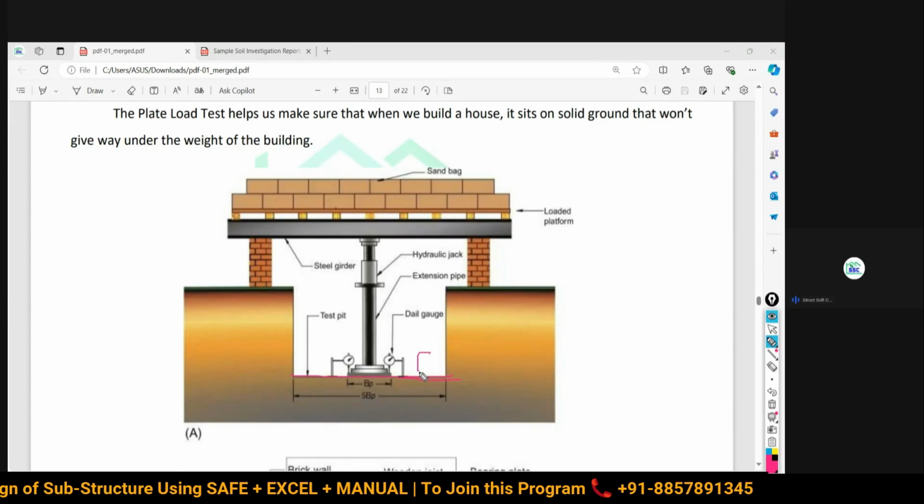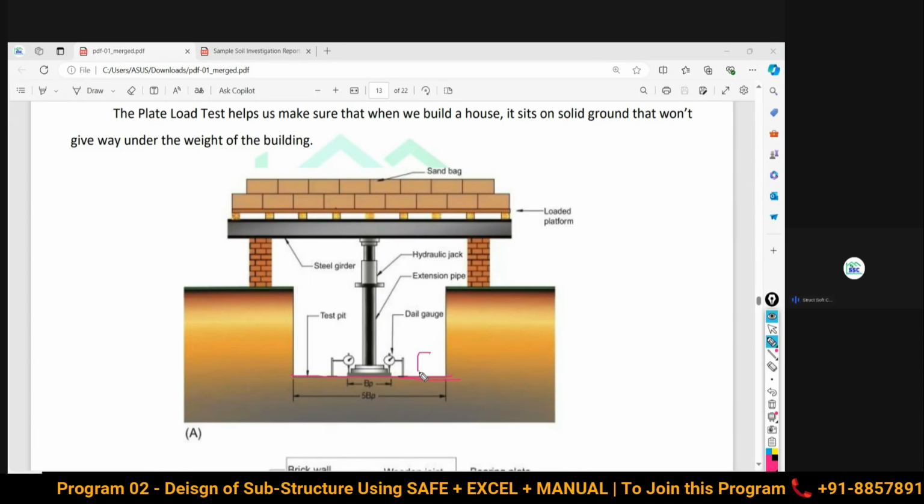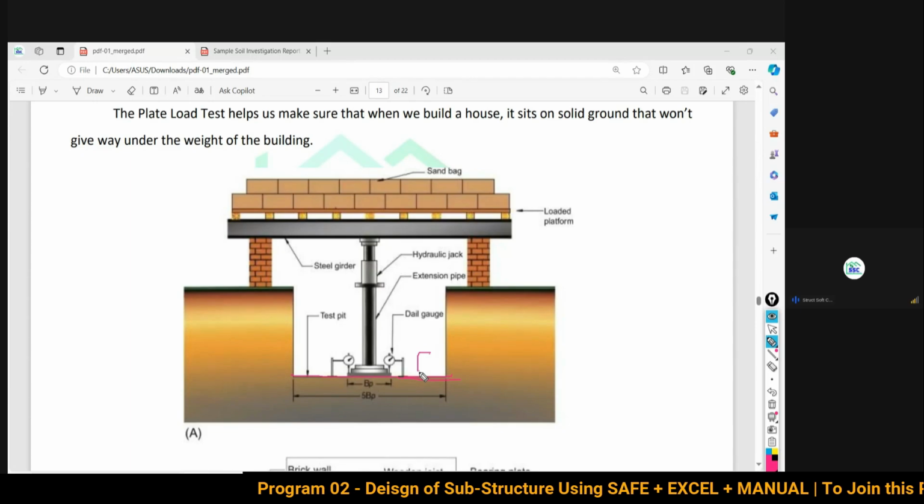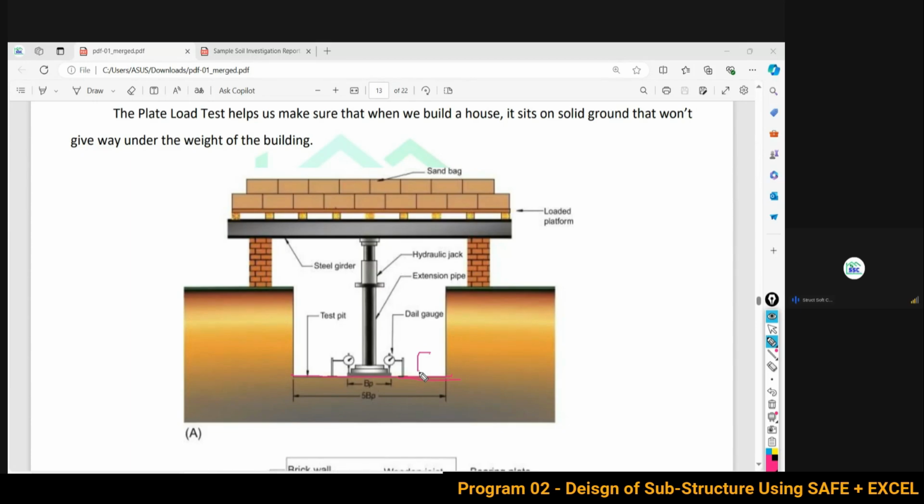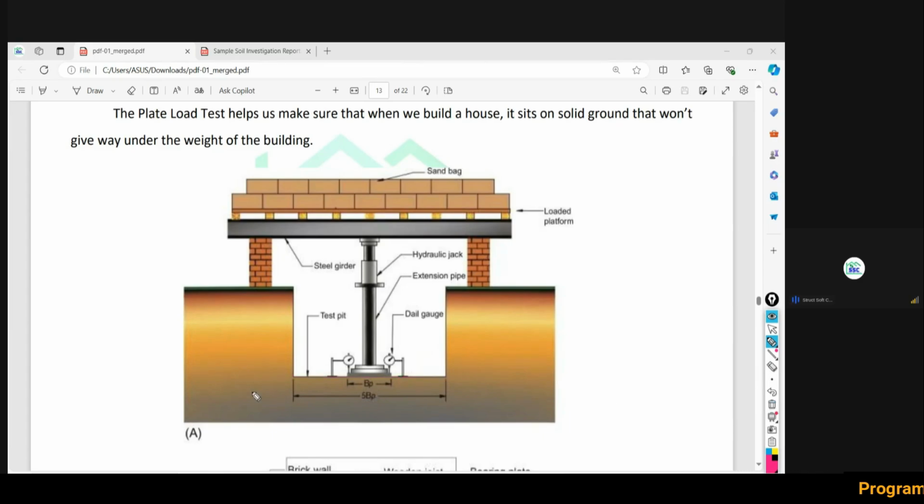But I want to know the exact bearing capacity and exact settlement. I want to know everything at this level. So I am going to do the plate load test. It is a very simple, straightforward procedure.